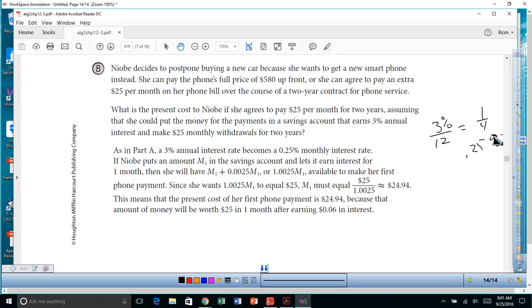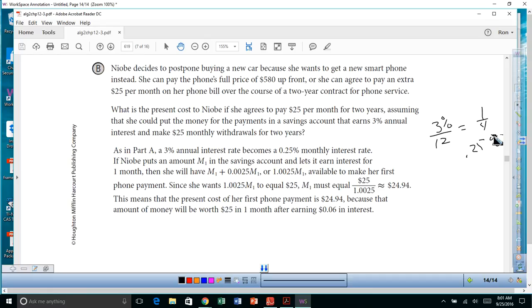Since she wants 1.0025 M1 to equal $25, M1 must equal 25 divided by 1.0025, which is approximately $24.94.